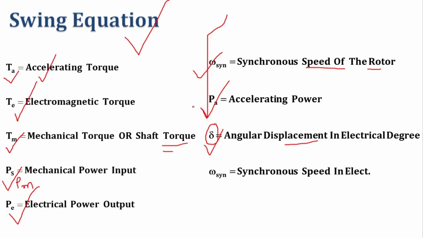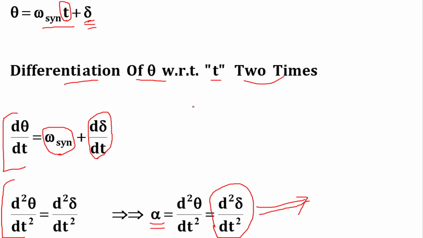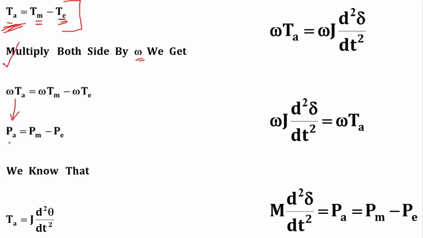Omega into Tm is equal to Pm, the mechanical power, and omega into Te is equal to Pe, the electrical power.